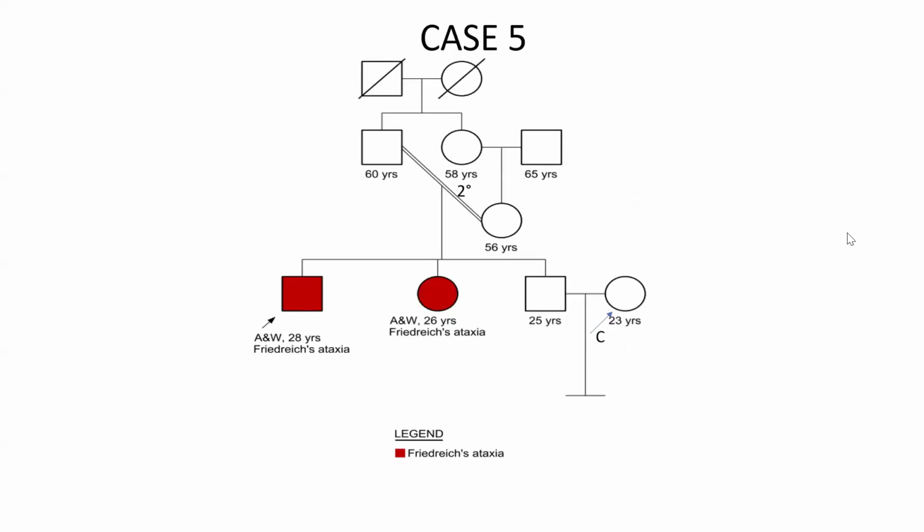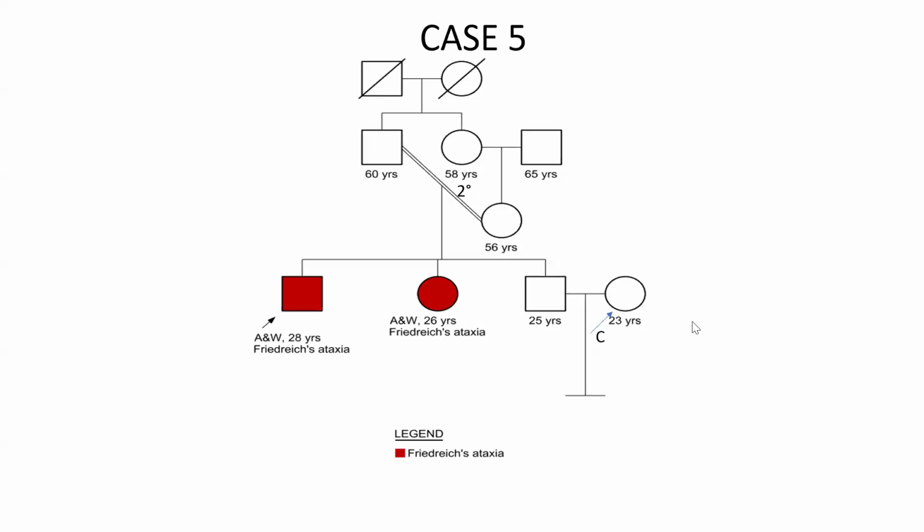Yes, ma'am. So this couple, as you can see from the pedigree, are not consanguineous. This couple has come for genetic counseling because the wife is concerned that on the husband's side, two siblings, one male and one female, have been affected with some genetic disorder, having symptoms since adolescent age.